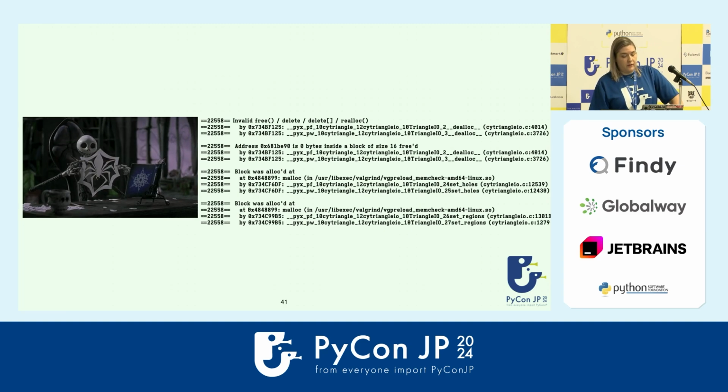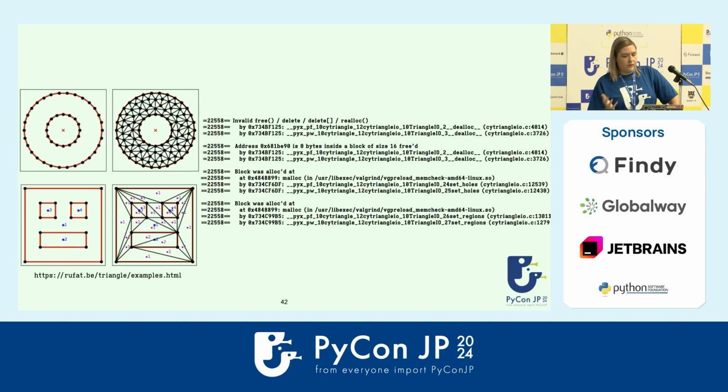And then I discovered further errors in Valgrind that also indicated the original allocation location. So it was for 2 different settings, basically setting holes and setting regions. And what do those physically mean in a mesh?